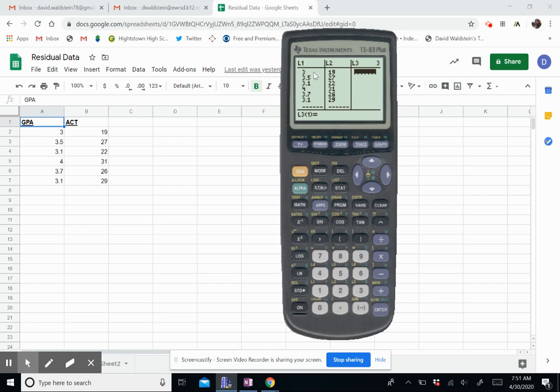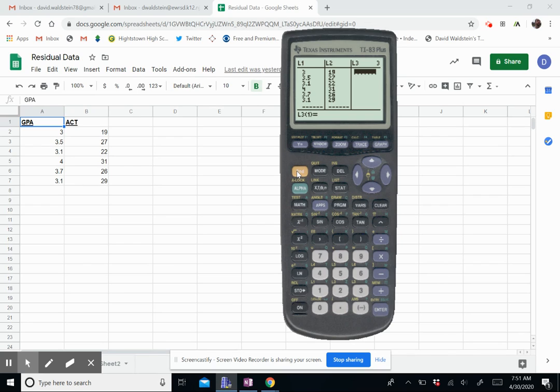So we're basically finding the relationship between a student's GPA and their ACT score. So here's our data right here. If someone with a GPA of 3 has an ACT score of 19, et cetera, you get it. All right, so we put this data in.